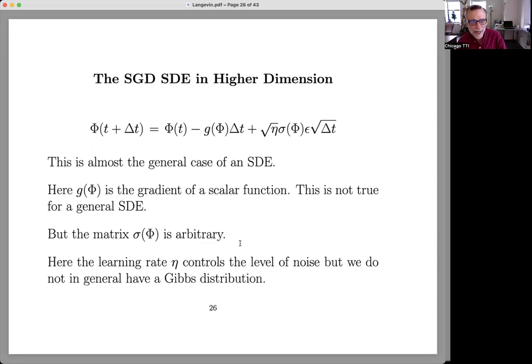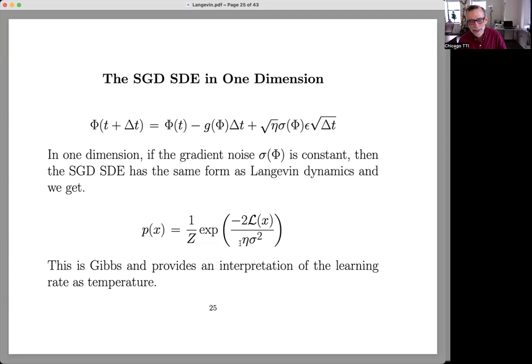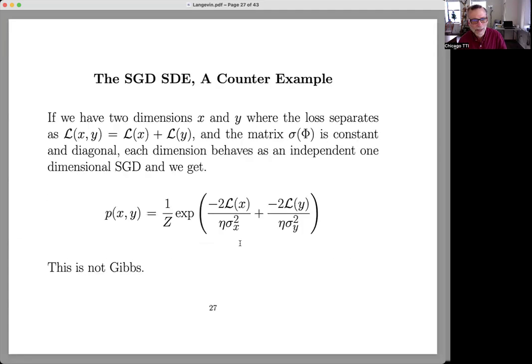Now we can do this in higher dimension, but in higher dimension, the theorem breaks. In one dimension, we get this nice learning rate. In two dimensions, we can give a counterexample.